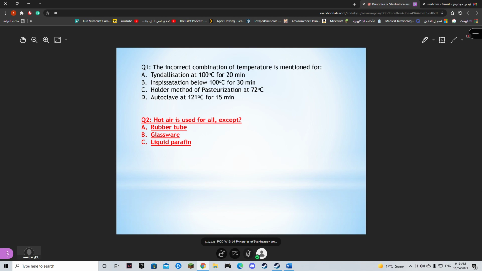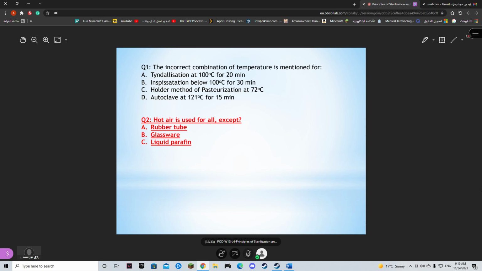Now just tell me, the incorrect combination of temperature is mentioned for. Guys, tell me. Incorrect. Tyndallization at 100 degrees, you know this. D or C? C, the Holder method. Is it? I think it's supposed to be 73, right?